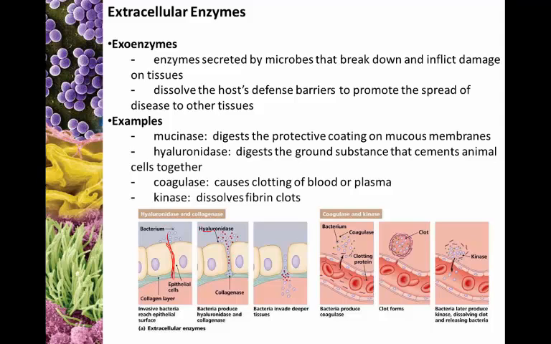Hyaluronidase will actually digest its way through the hyaluronic acid, allowing for microorganisms to spread between cells. In other words, invading deeper layers of tissues. We actually see one that's not mentioned above, collagenase here, digesting through this collagen layer so that we can actually move microorganisms deeper into tissues.